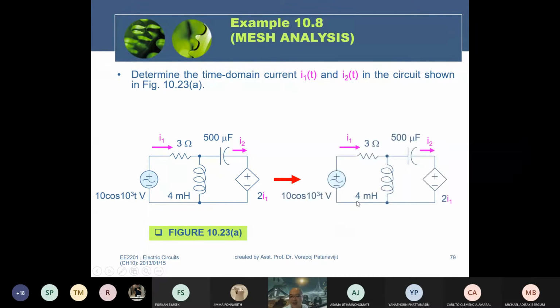Therefore you can convert the inductance, capacitance, and resistance to phasor form. 4 millihenry becomes j4, 3 ohm stays 3 ohm, and 500 microfarad becomes minus j2 ohm.